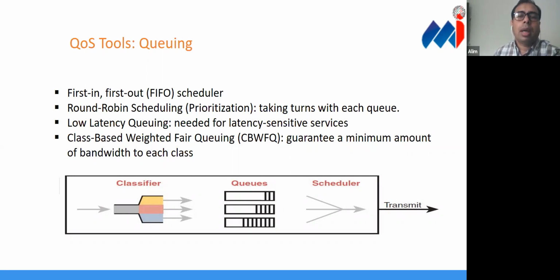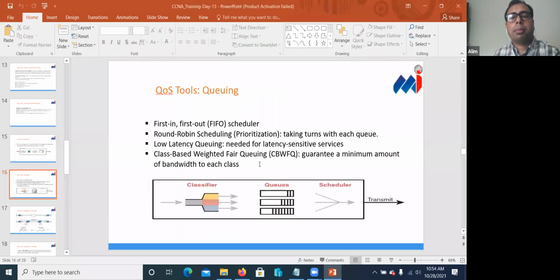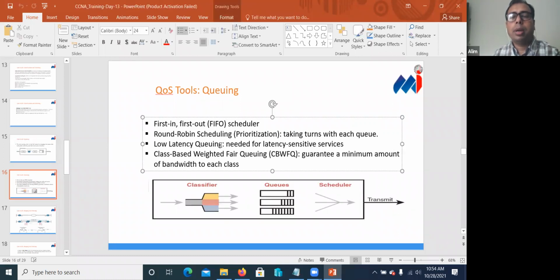Okay, and then we have class-based weighted fair queuing. Class-based queuing ensures bandwidth for different classes.